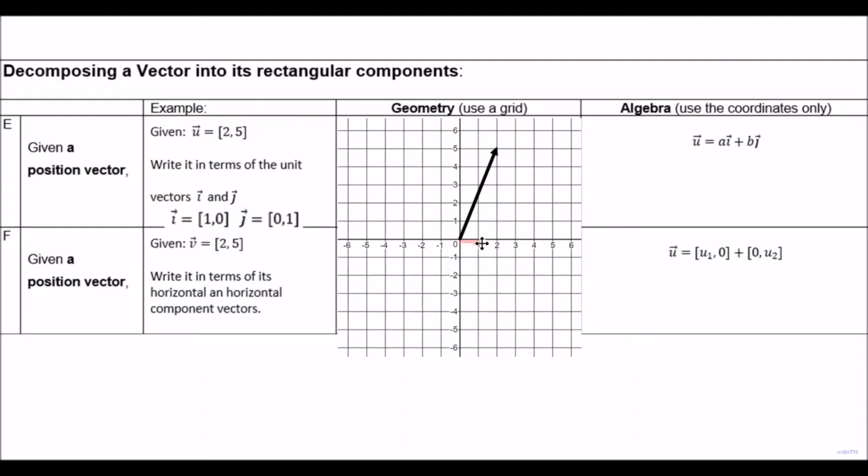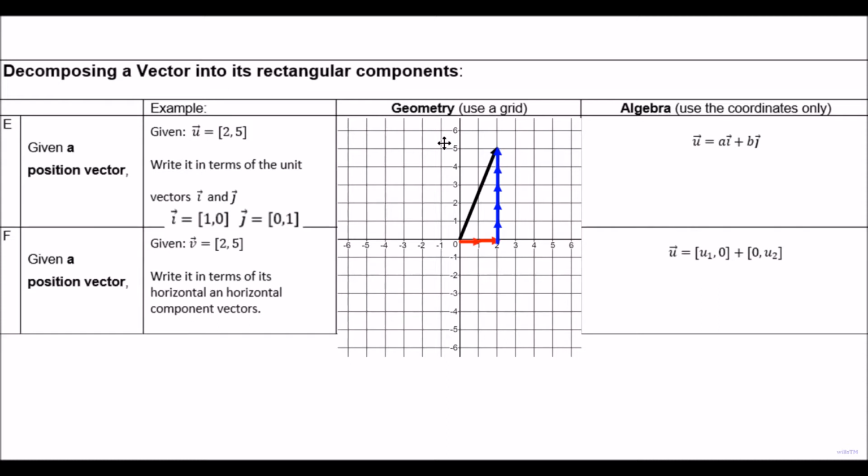So what would I do here? I'm going to see how many vector i's I have here. So here I have 2 vector i's going this way. Again, I can move this so it's over there. And then let's see how many j's I have here. So 1 vector j, 2, 3, 4, and 5. So here I know that if I want to write it in terms of i and j, I've got 2 vector i's and 5 vector j's.